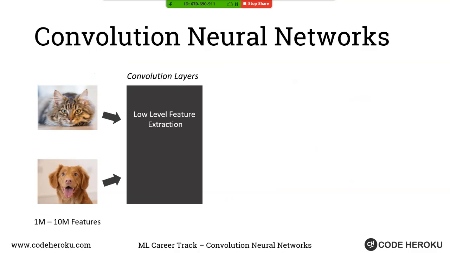A convolution layer would extract some low-level features from our images before we pass it to the fully connected layer. And the convolution layer does it using two concepts. The first one is feature sharing, wherein the parameters of the network that we learn are shared across different sections of the images.